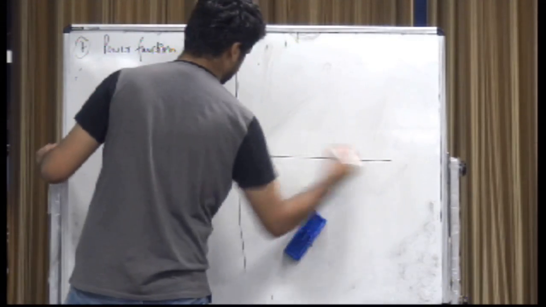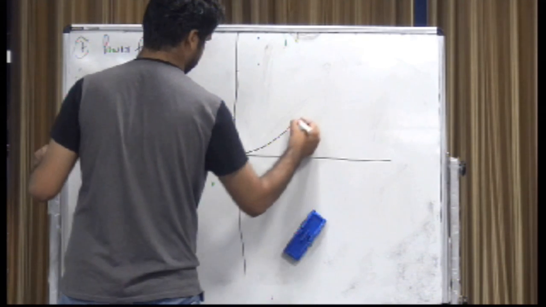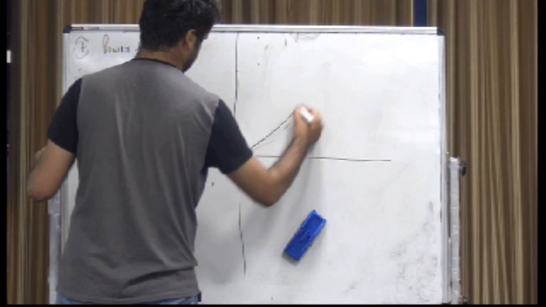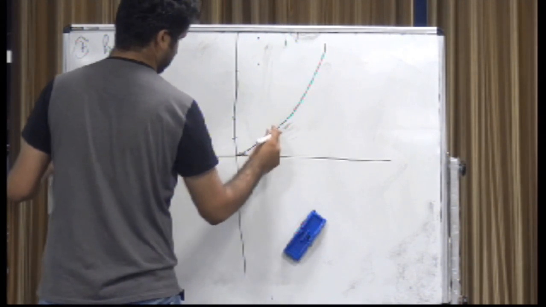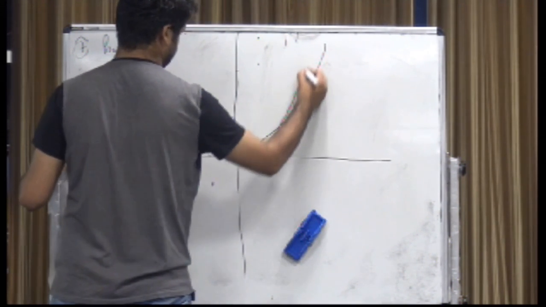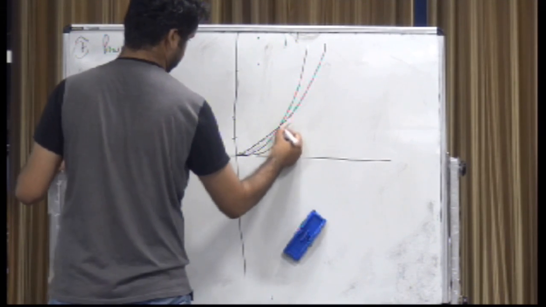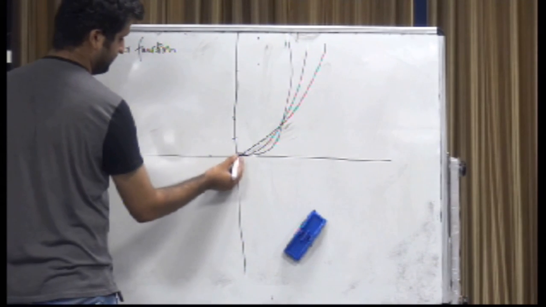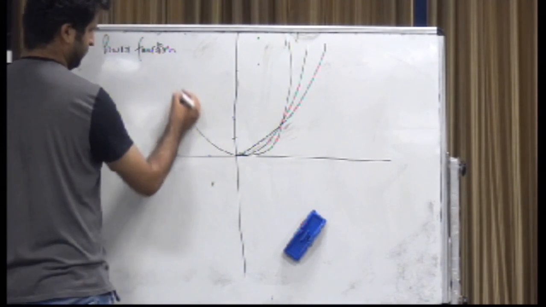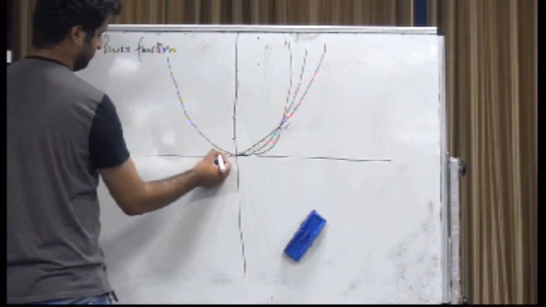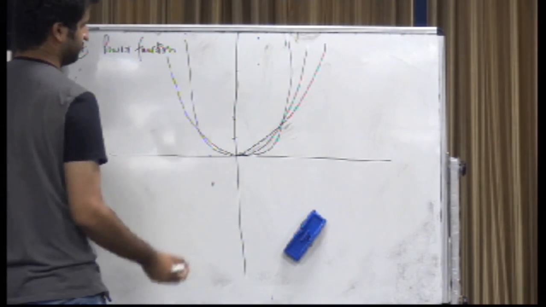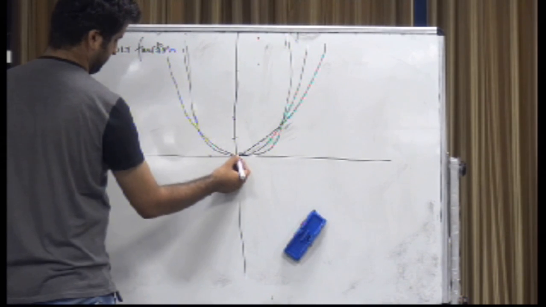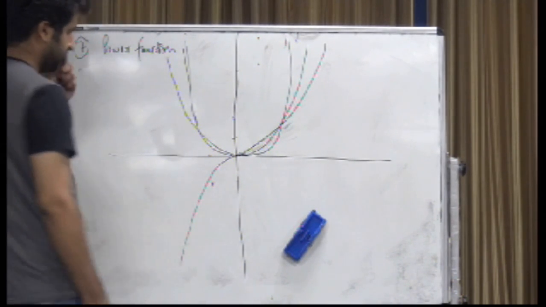So the first graph is, let's suppose, the first, the second, the third. Similarly here, if you have x square, this will be x to the power 4, and this will be x cube.